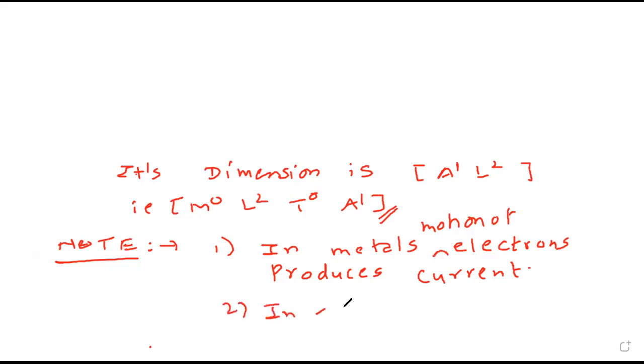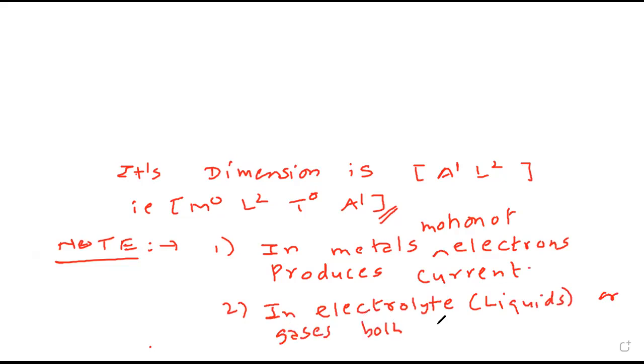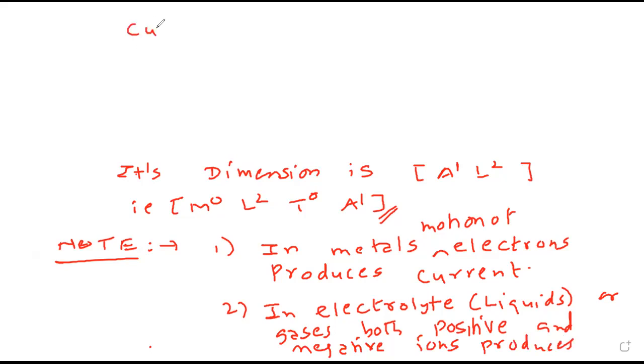In electrolytes, that means liquids or gases through which current can be passed, both positive and negative ions produce current.